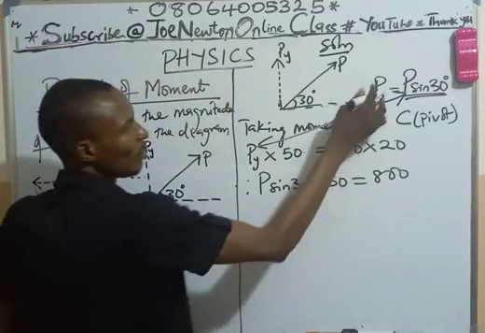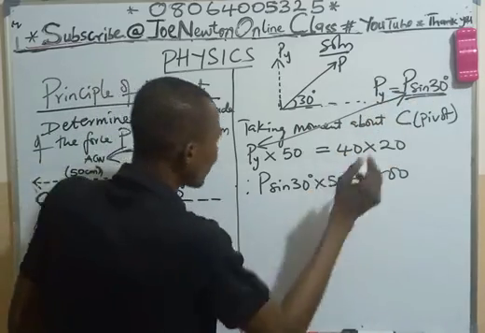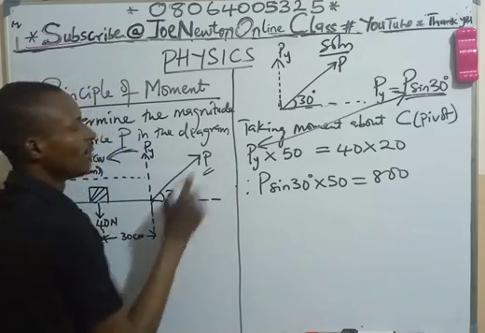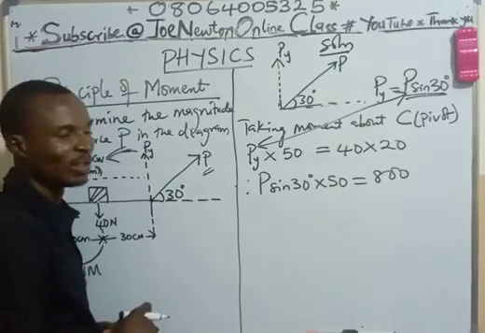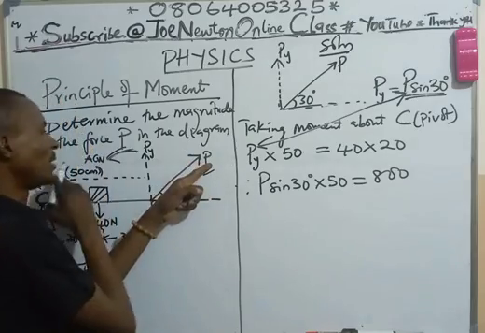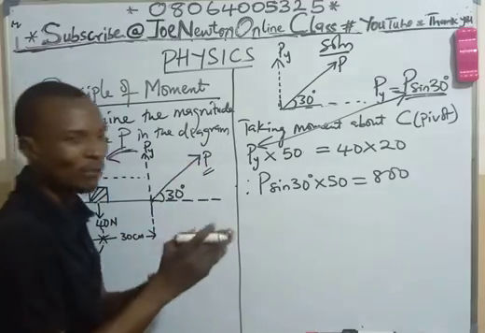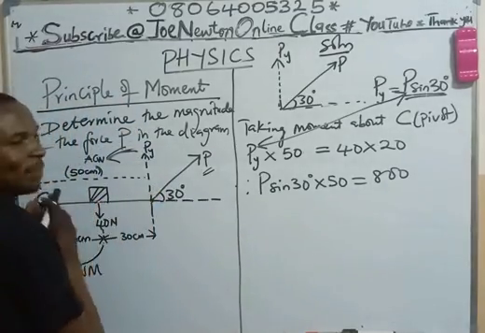That is the substitution because Py is equal to P sine 30. We are interested in getting this P. But this is the component we resolved to solve using the principle of moment, because we cannot use this to work on the moment. For moment of a force, it has to do with the perpendicular force and the distance from the pivot.